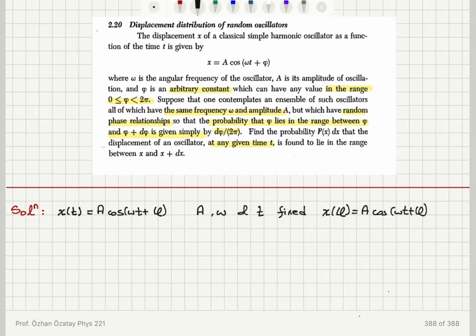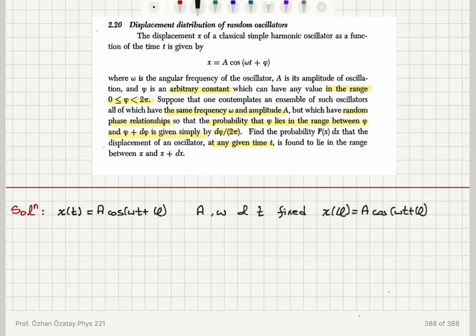Now, we already know that the phase can have any value in the range 0 to 2 pi, and it is an arbitrary constant in this range, 0 to 2 pi, in our ensemble of oscillators, so it can have any value with random phase relationships.